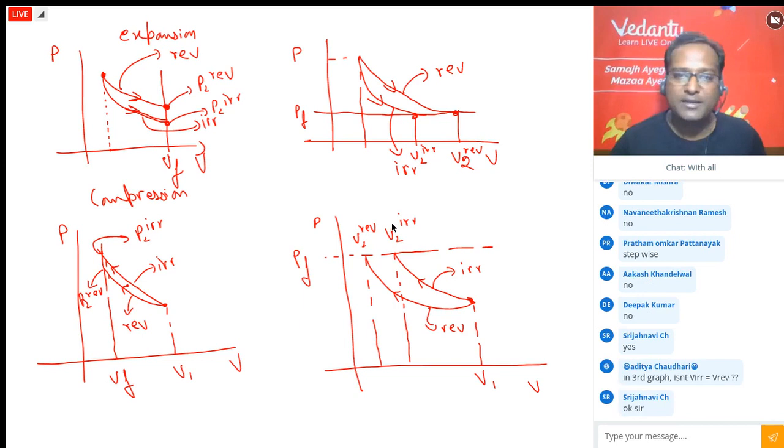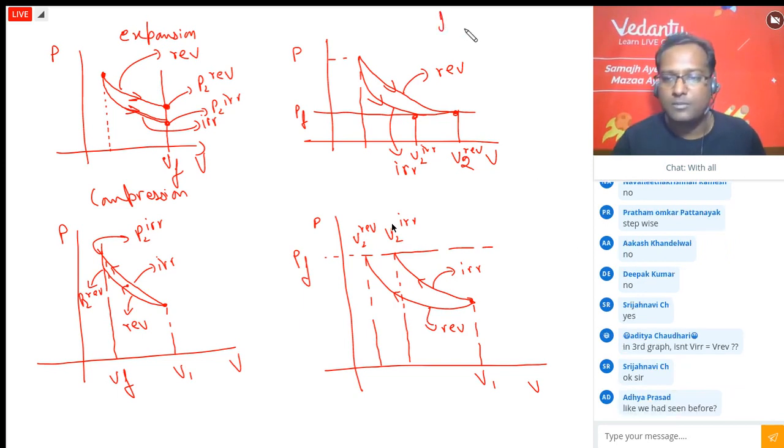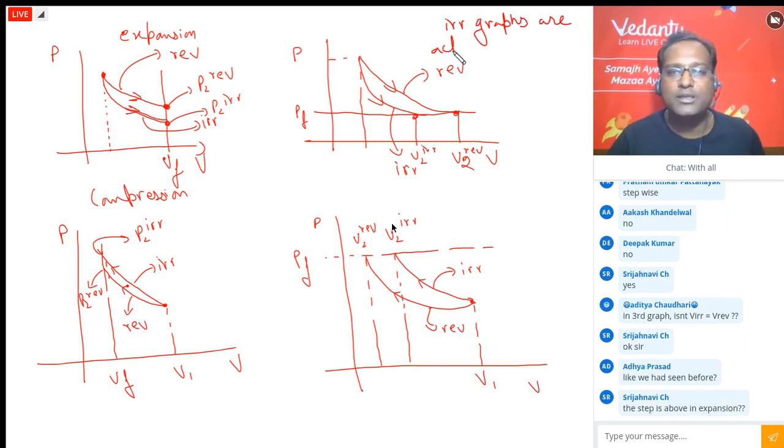So let me write this here. In the third graph, V final is the same, yes, but P is different. Let me write it here. Irreversible graphs are actually step case or stepwise, not smooth.